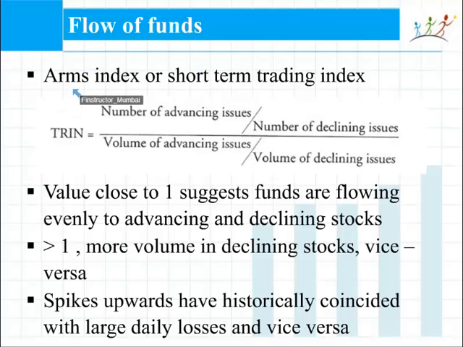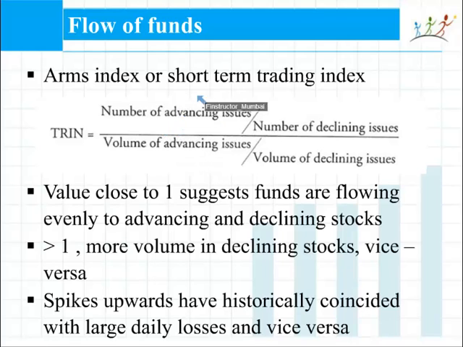So there's an index called the ARMS index, also called the short-term trading index, which is computed as the number of advancing issues upon the number of declining issues, upon the volume of advancing issues divided by the volume of declining issues.